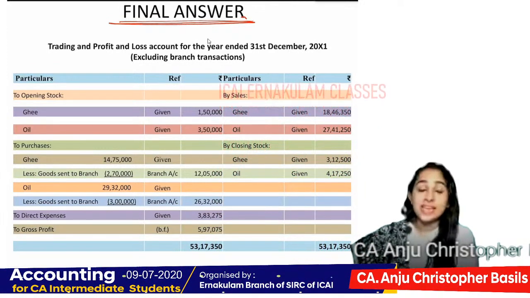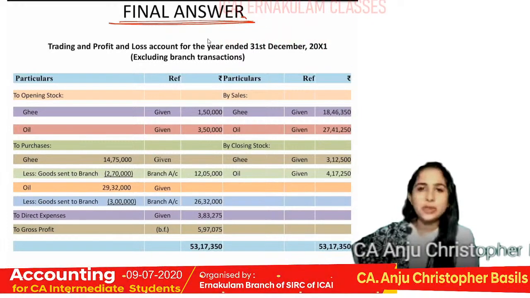The final net profit is what I'm waiting for. All other data is given to you straight in the question. Just take the figures from the question, post it as the answer. That is the only task remaining. Okay, everybody, just give it a try.